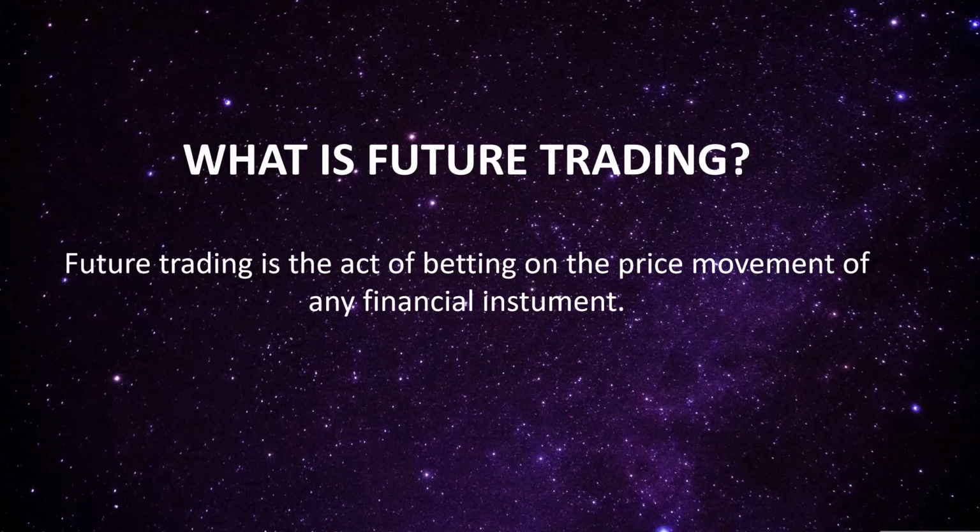For example, you can bet that the price will go up from a particular point. Maybe the price of Bitcoin starts from 19,000 and moves up to 19,100. That's your end point. If it moves exactly that way, you make money.